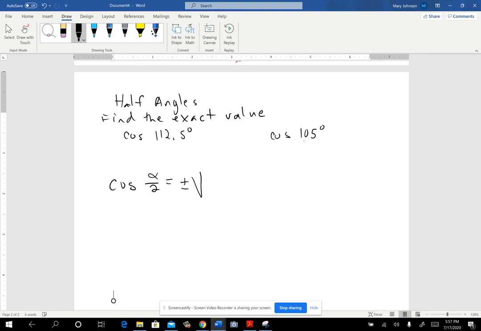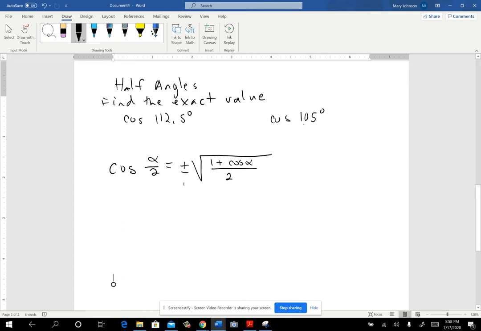It's one or the other, but you have to determine that based on the quadrant you wind up being in, so you have to be careful there. So the cosine of alpha over 2 equals plus or minus the square root of 1 plus the cosine of alpha, all divided by 2. And then you've got to decide which one of those it should be.